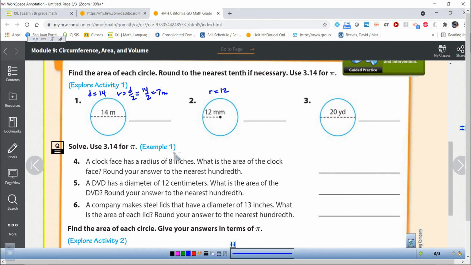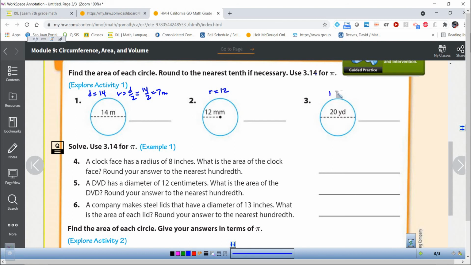My recommendation to you, if they give you the diameter, is to go ahead and find the radius. So again, the diameter is equal to 20, so the radius is going to be 20 divided by 2, or 10. So for this one, r is equal to 10. I'll write that right here.